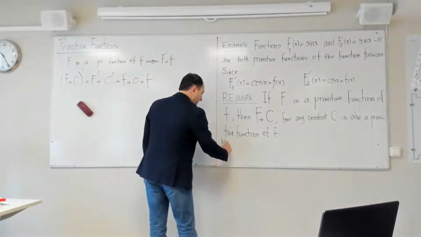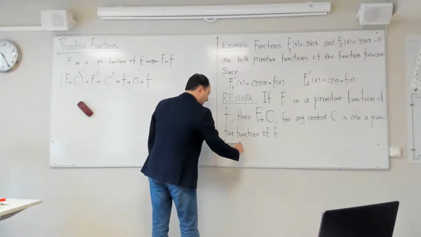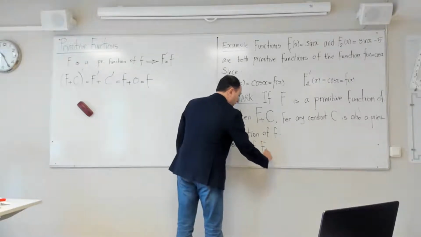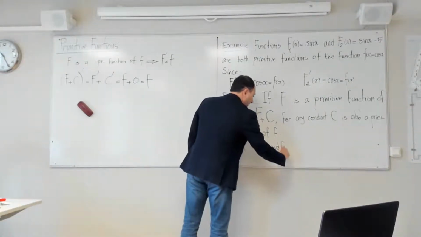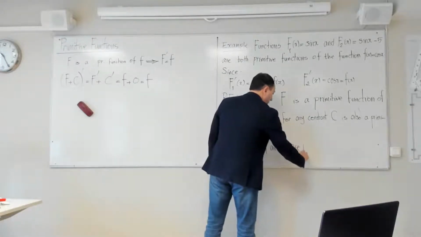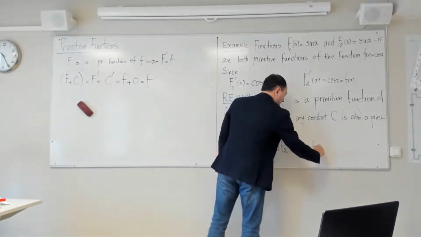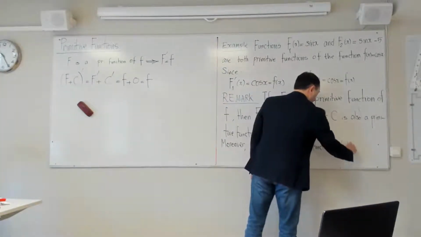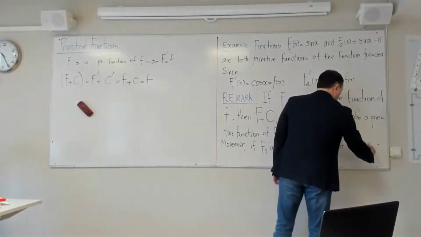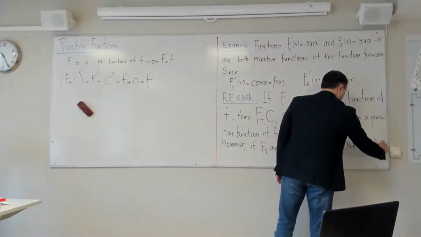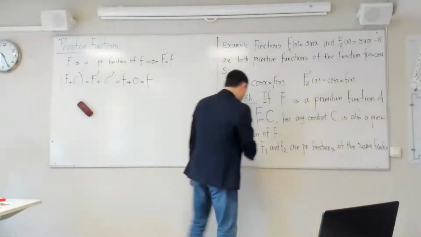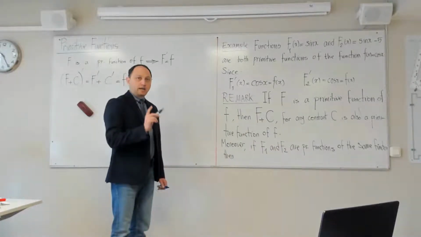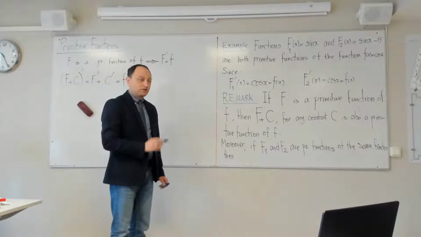Moreover, if f1 and f2 are primitive functions of the same function, then they differ at most by an additive constant, which is not trivial at all.